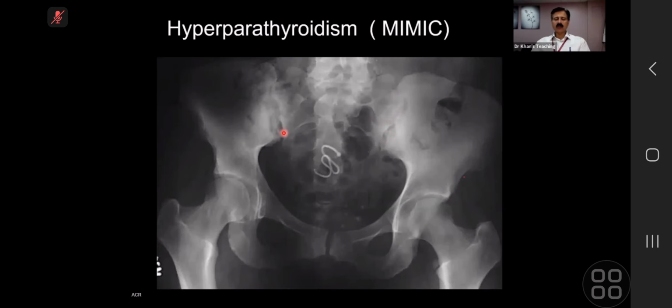There is resorption of bone, subarticular resorption, which gives a widened appearance of the joint and a fuzzy outline. Pathologically speaking, it's not sacroiliitis, but radiologically it is.